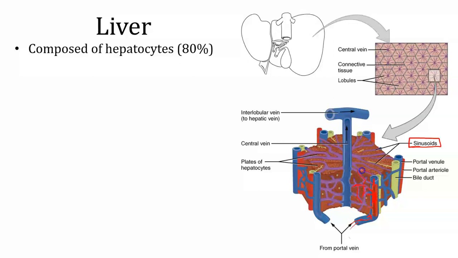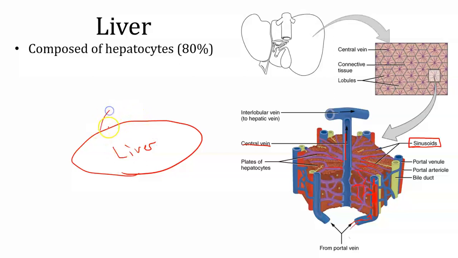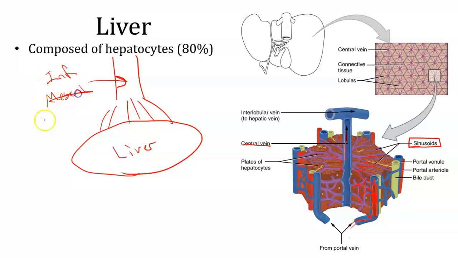And all of that network of sinusoids all gets brought into what's known as the central vein. And then from here, all the central veins collect, and macroscopically again, the central veins of all these lobules connect and then they pool into a variety of veins, which are going to all dump that blood into the inferior vena cava.